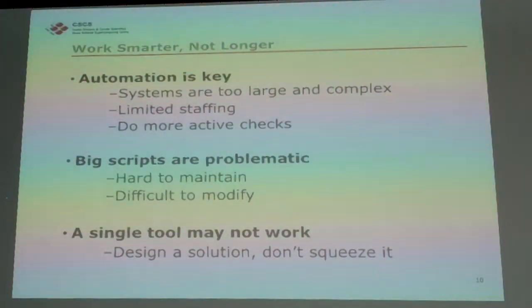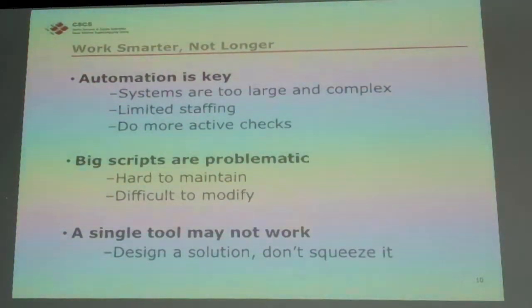A problem that I see all too often is centers go out and they write a system monitoring script or a check script. And I've seen some of these that are 15 and 20,000 lines long. The problem is they're very hard to maintain. When they get that big, you can change something in one area, but it affects everything in the entire script.